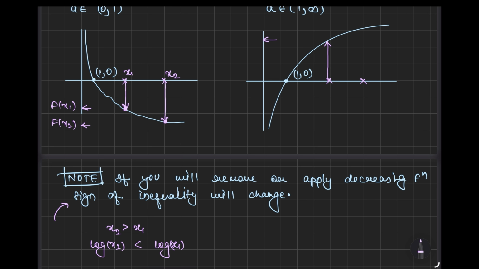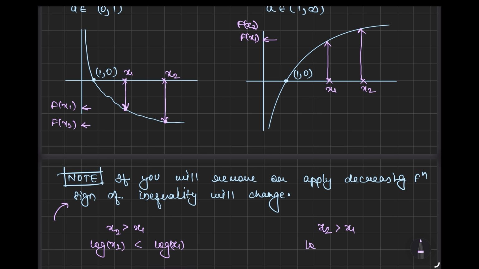Look at this. This is your f of x1, this is your f of x2, suppose this is x1, this is your x2. Now you know that x2 is bigger than x1, correct?